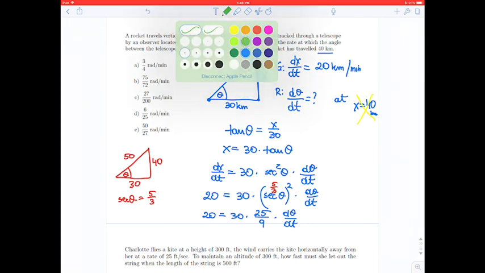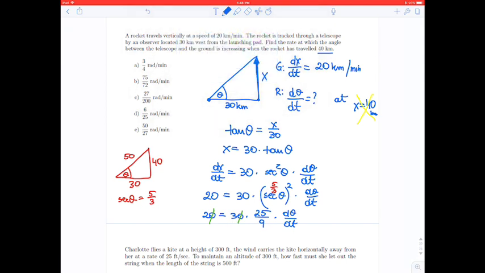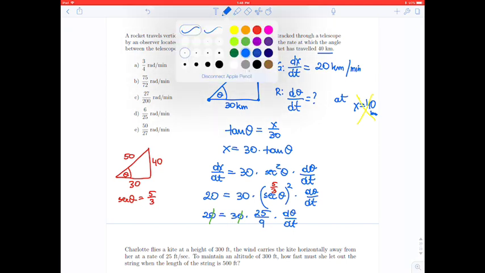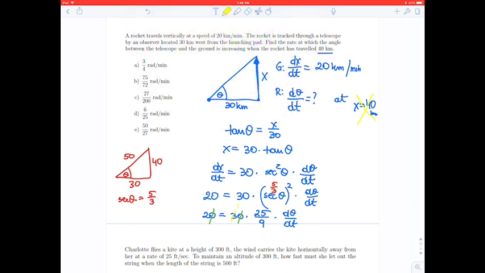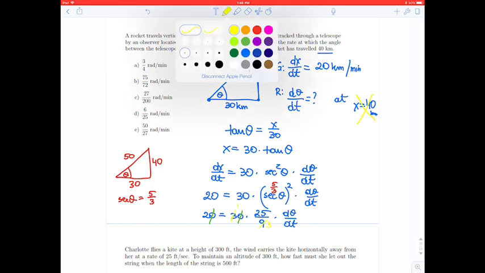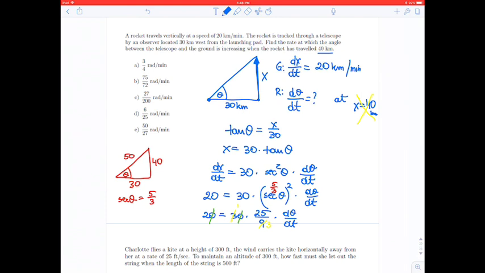We can simplify by 10. And I can also simplify 3 and 9, 1 and 3. And multiplying both sides by 3, 3 times 2 is 6, 25 d theta dt.